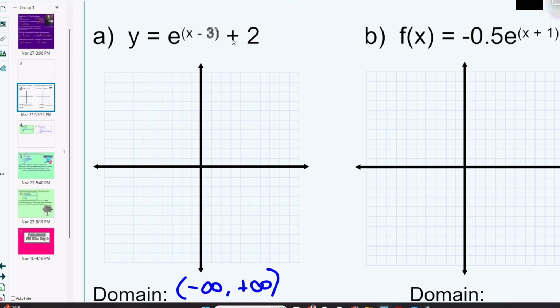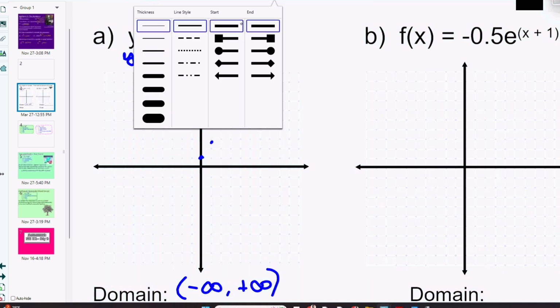So let's see what's going on. This one, compared to just my regular y equals e to the x, is being shifted to the right 3 and then up 2. So if you remember my 2 original dots, I should have the point 0, 1 and the point 1, e, which is about 2.7, along with a horizontal asymptote of 0.